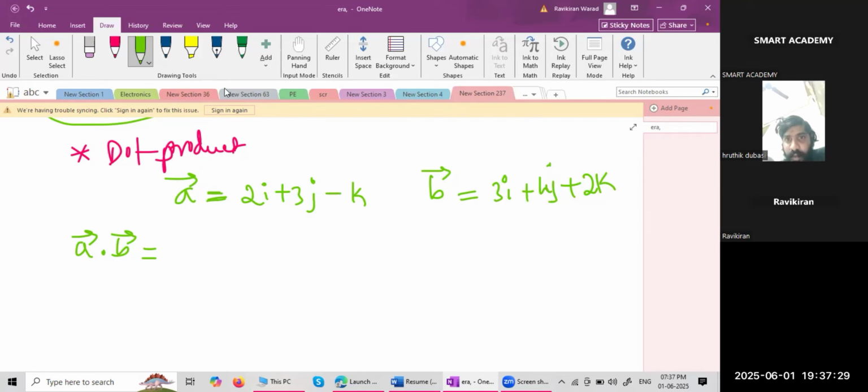These two vectors are given, and we need to find the dot product between them.